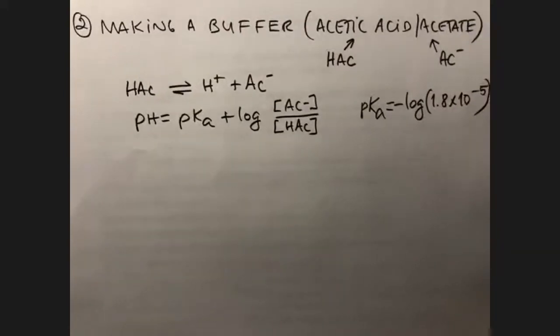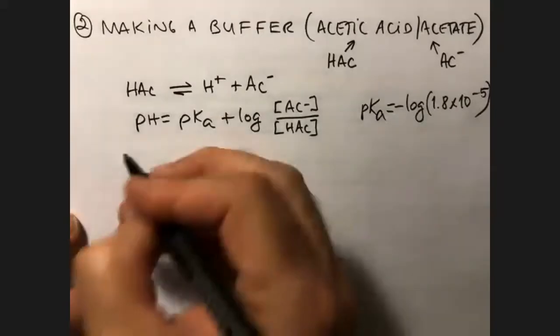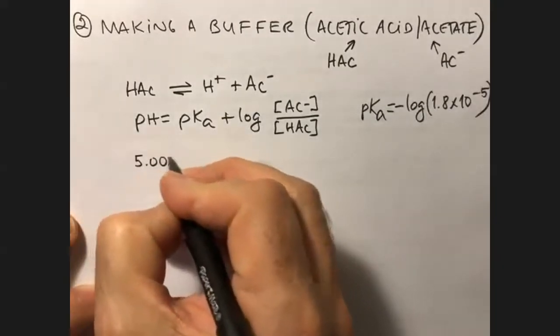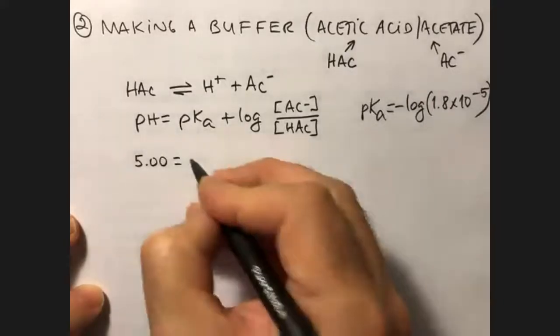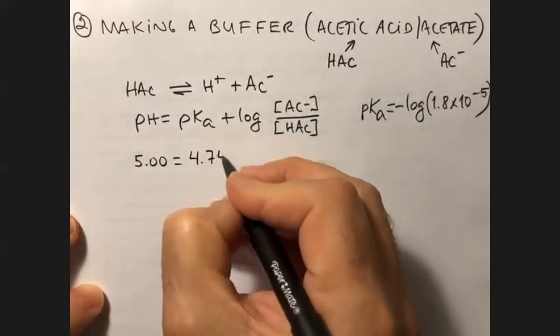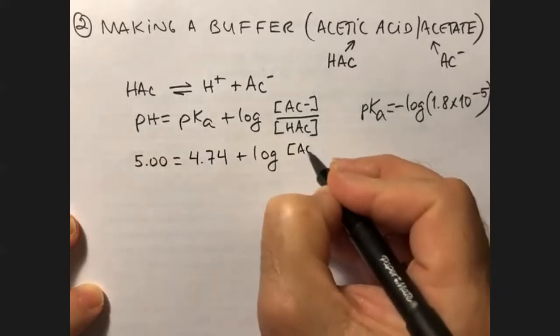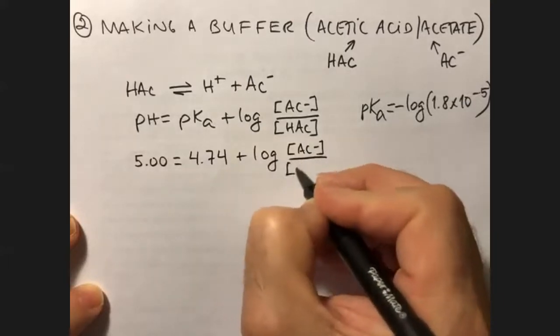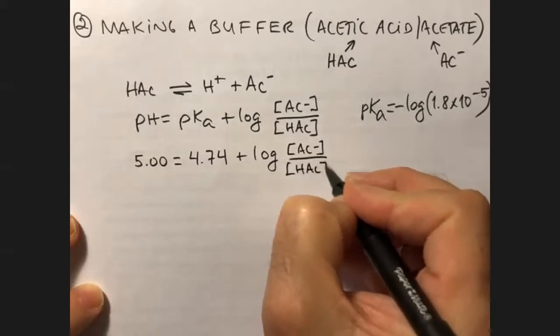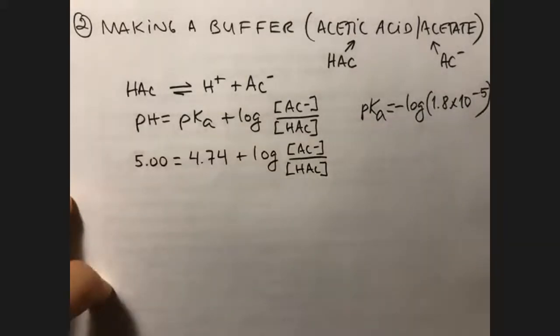Our target pH is 5, so let's put in there 5.00. Minus the log of this is 4.74, plus the logarithm of acetate over acetic acid. We're going to do the same thing we did before.